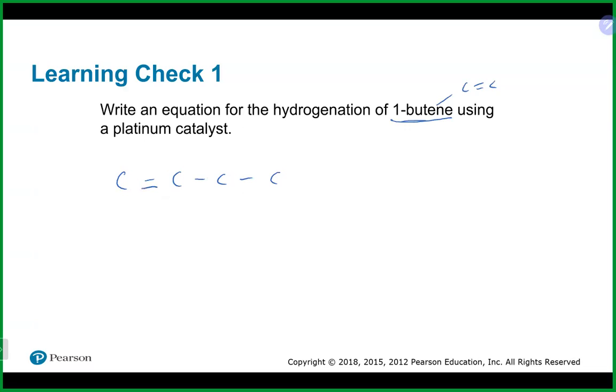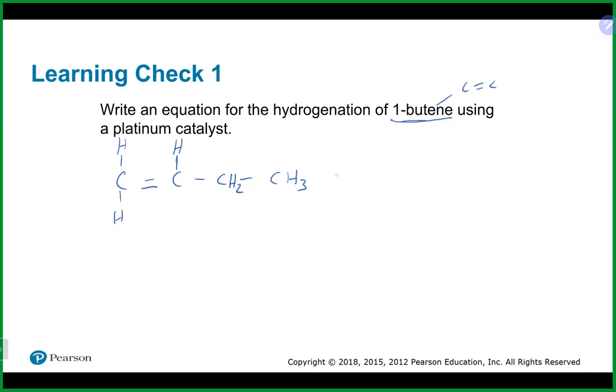Now we can fill in some hydrogens here. So we've got 3 on this guy. This guy's going to be 2. For the double bond area, I'm going to draw out the hydrogens so we can see it. This guy would have 1 hydrogen here, and this guy should have a couple of hydrogens there. So at this point, this is our correct starting structure of 1-butene. Any questions on that?